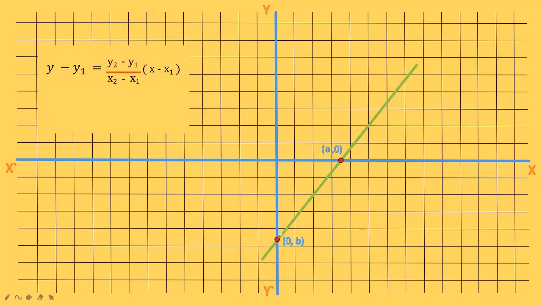Now let us substitute the points, but for that I will consider this point as my x1 comma y1, and I will consider this point as my x2 comma y2.